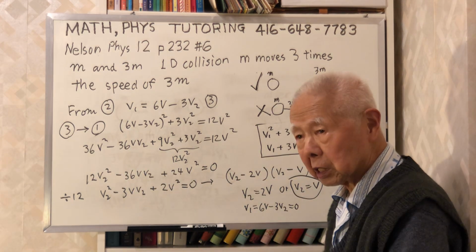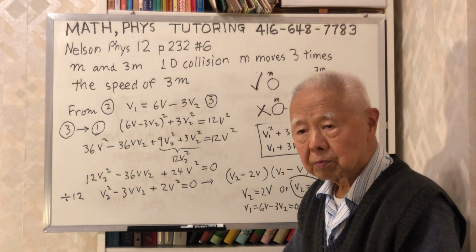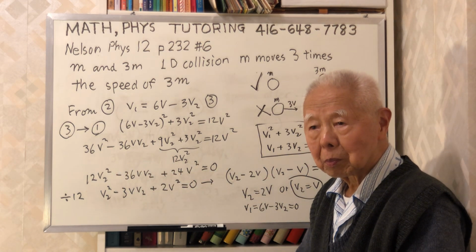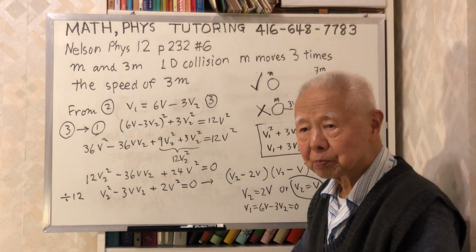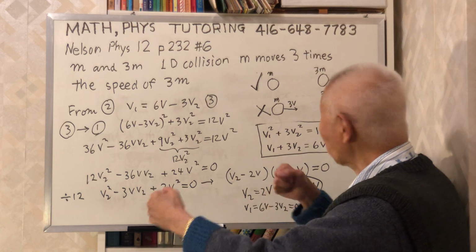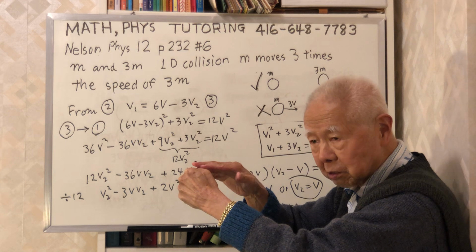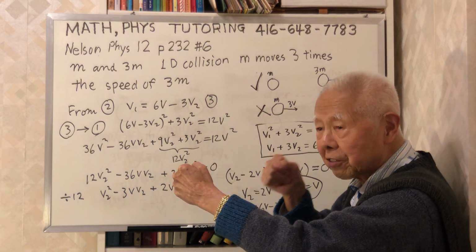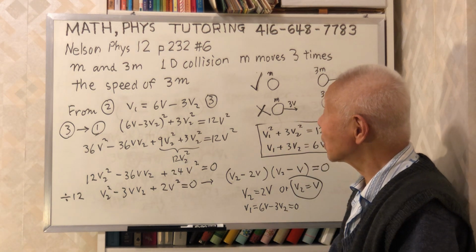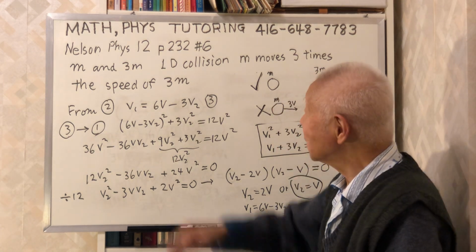And we got an answer, all right? For the first case, when they move together, then after collision, they move apart. In the second case, they move in the same direction. After collision, the lighter object stops moving, and only the heavier object moves ahead. Okay, that's it. So that's the answer to this question.